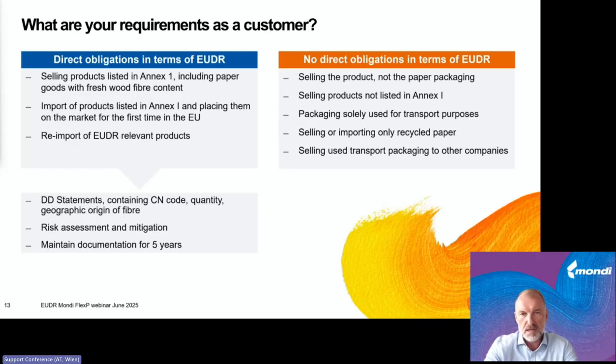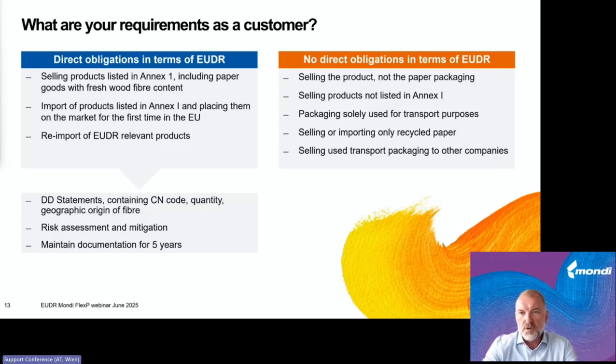On the other hand, on the right side of the slide, you can see the cases when there is no longer any EUDR obligation in place. As I said, selling products which are not paper packaging, meaning they have different CN codes than those which are relevant for the regulation; they are products not listed in Annex 1.